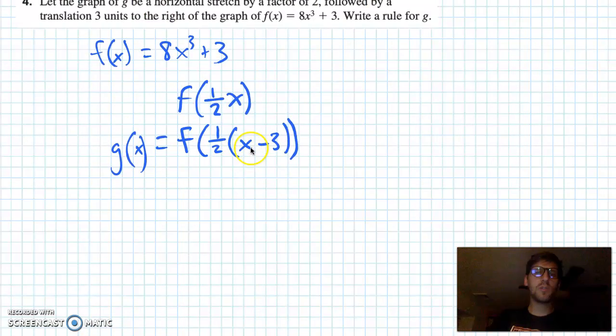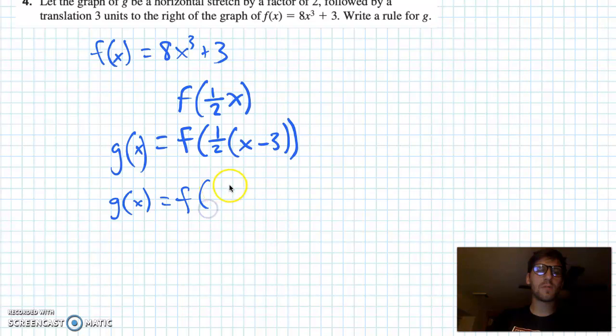So what we could then do is we could plug all this in here if we like. So I may simplify first.